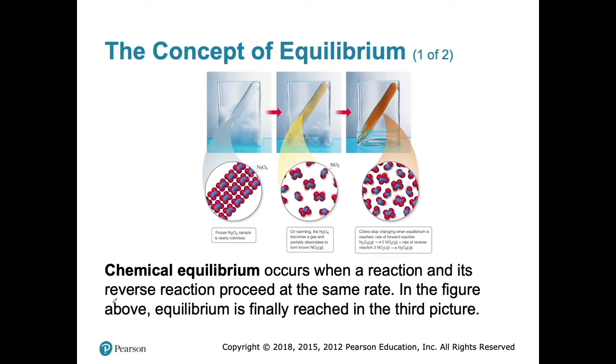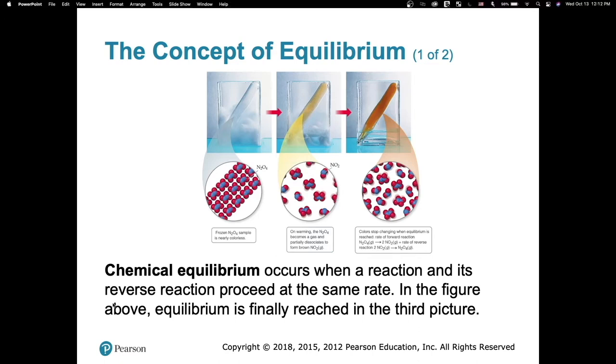So what you see here in this picture is a sample of very cold dinitrogen tetroxide. When it's very cold right here, it's a colorless gas. But as the gas starts to warm up, it starts to convert into nitrogen dioxide, right?